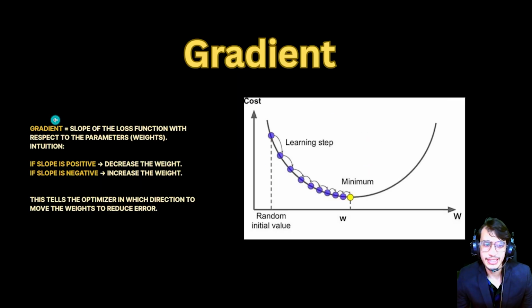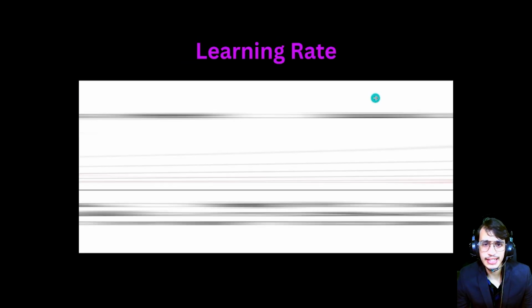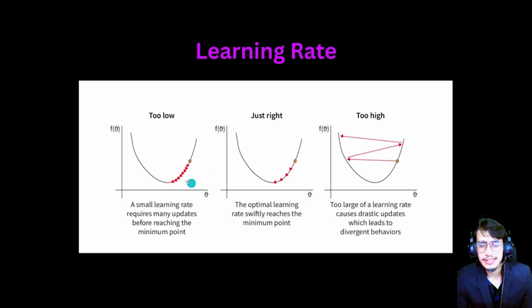We have two things: one is the gradient and the second is the learning rate. Learning rate tells how big the addition or subtraction is.